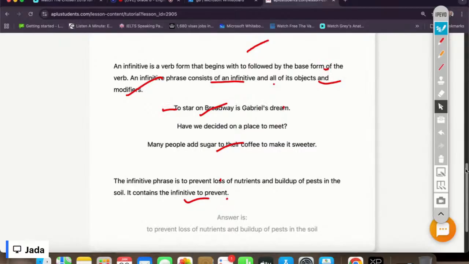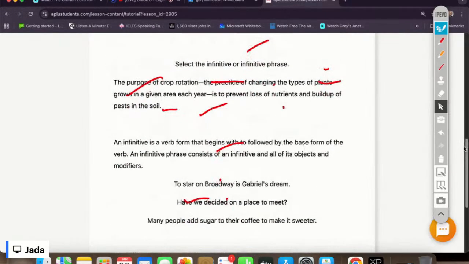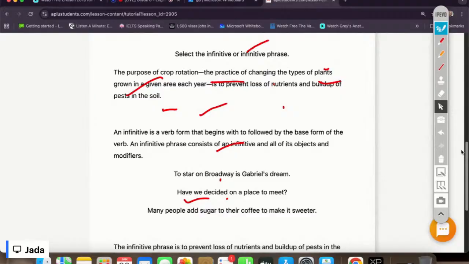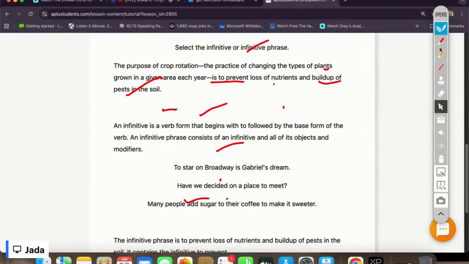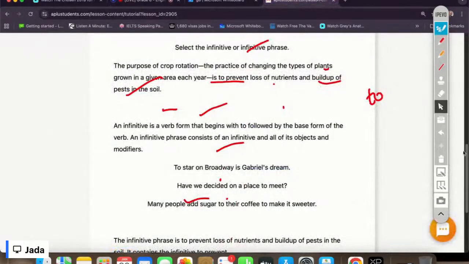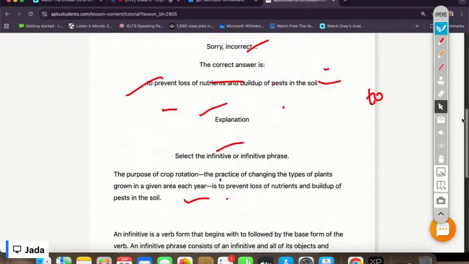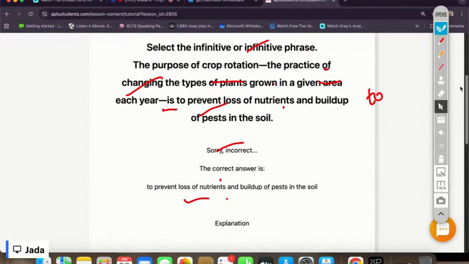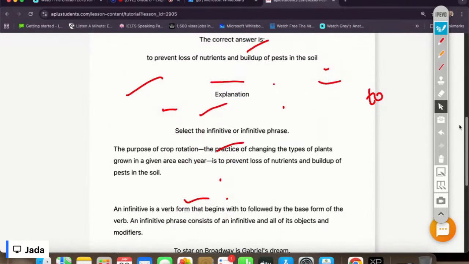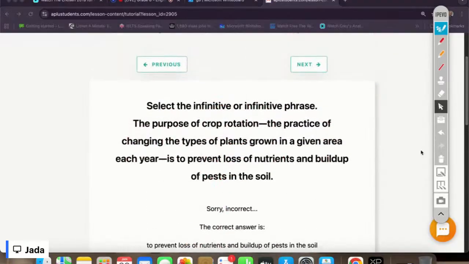So we need to go see this question, but you have to know that the infinitive is a verb form that begins with to. Okay, this is the highlight. It begins with to. So we have select the infinitive or infinitive phrase.